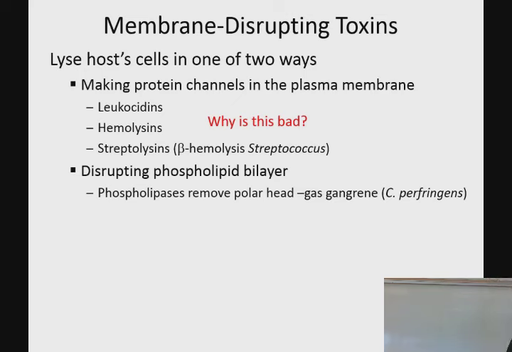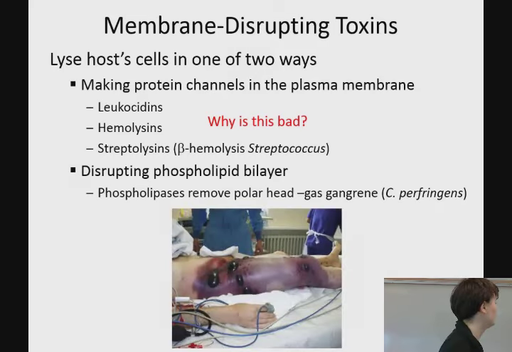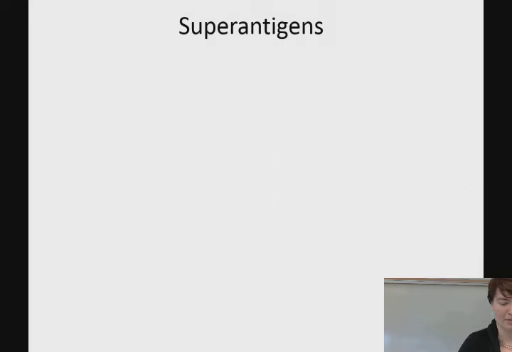So you have a wound, but you're in the dirt, and then you get this in your body, and this is what happens to you. So this gas gangrene, the toxin that it makes chops the head groups off of the phospholipid, and entire massive parts of your tissues just fail, basically.